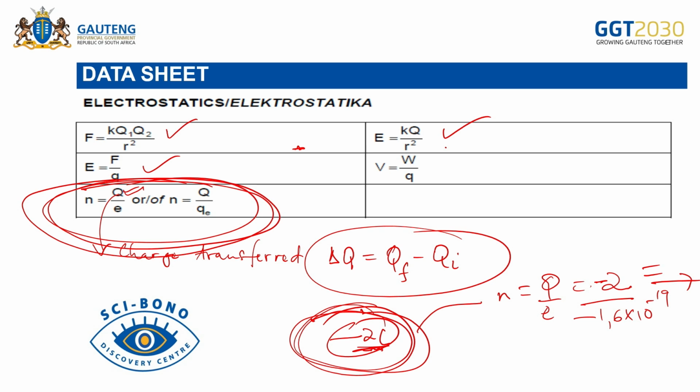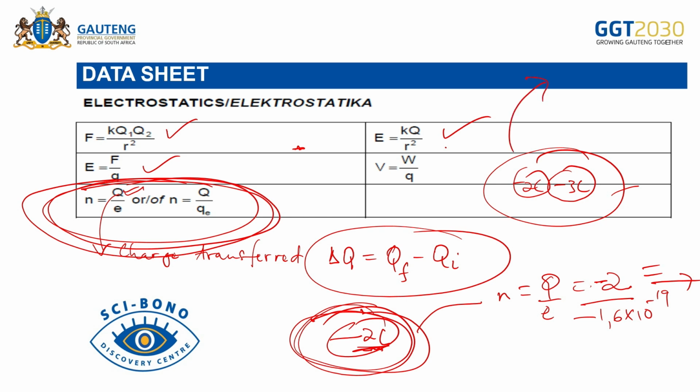But let's say now we have this sphere, -2 coulombs, and it is brought into contact with -3 coulombs, right? What are you supposed to do here? If you want to calculate the number of electrons transferred, you will need the charge transferred. How do you get the charge? I'm just reminding you of what you did in grade 10. First thing that you need to do is to calculate the new charge after contact.